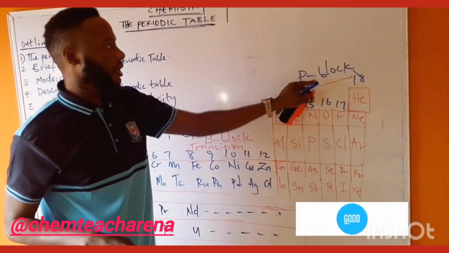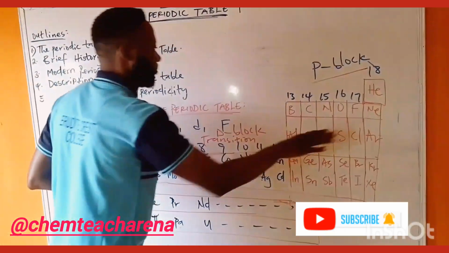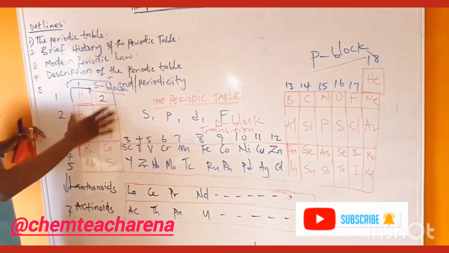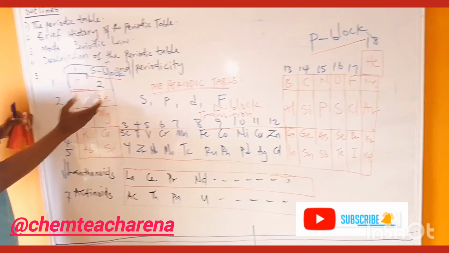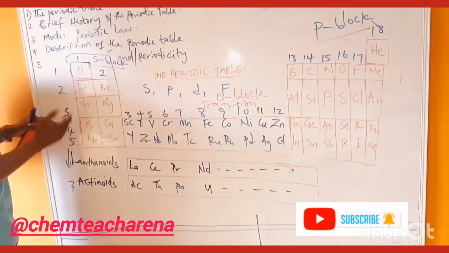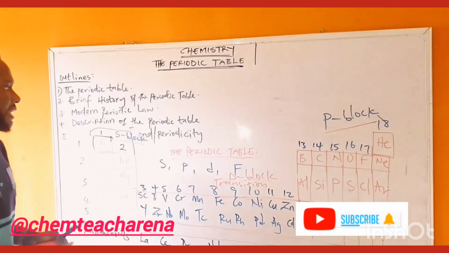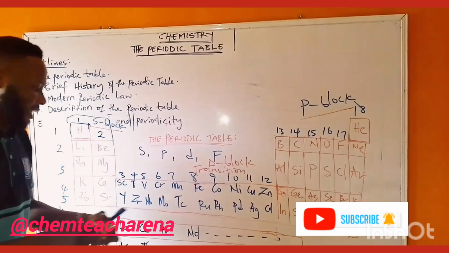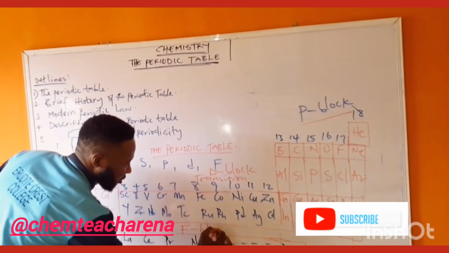Then we have the P block elements on the right side of the periodic table. While the left side, which is group 1 and group 2, they are the what? The S block, where you have hydrogen, lithium, beryllium, sodium, magnesium, calcium, rubidium, strontium. All these are the S block elements. Then the last one is the F block element. Here is the F block element.